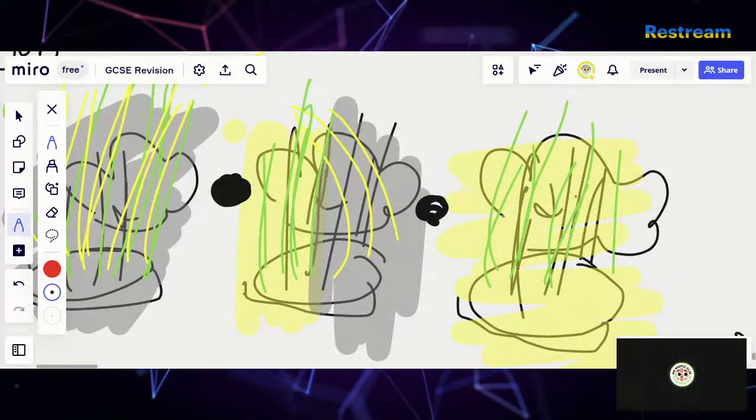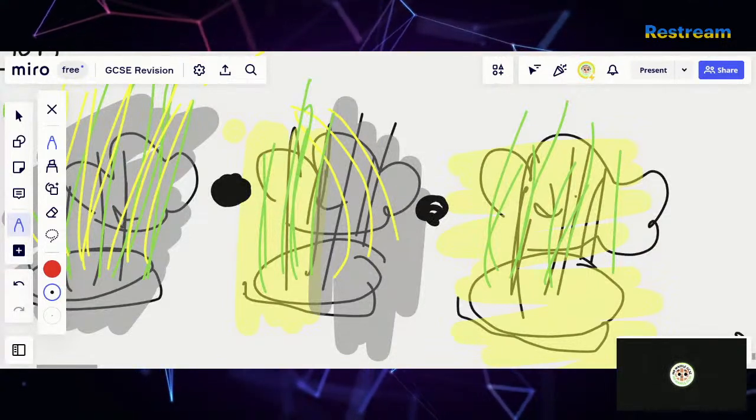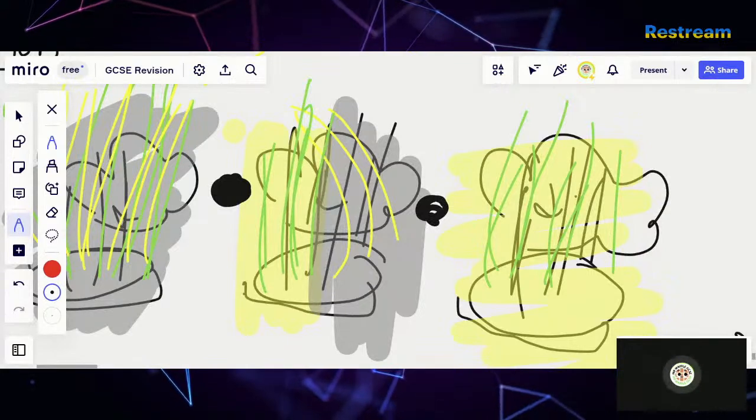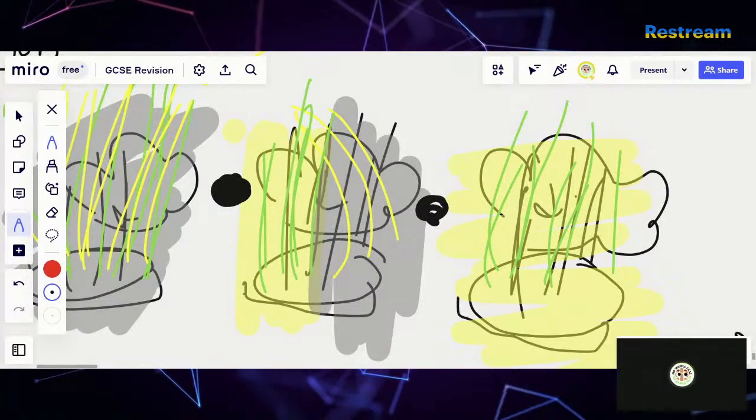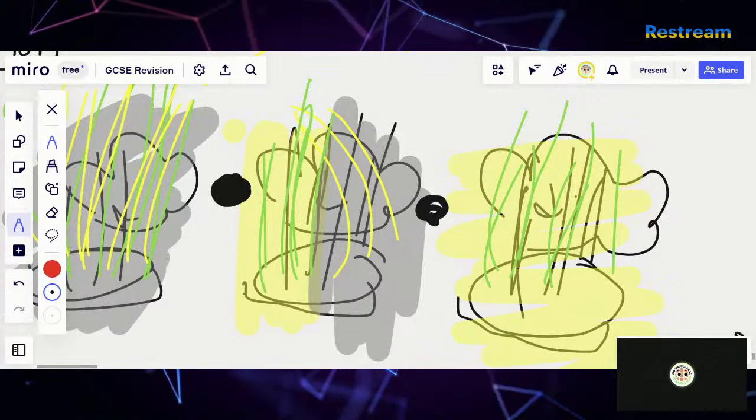Okay, now let's look at B6, which is all about sexual and asexual reproduction. So let me just share my tab.